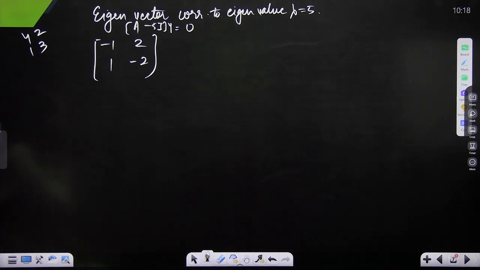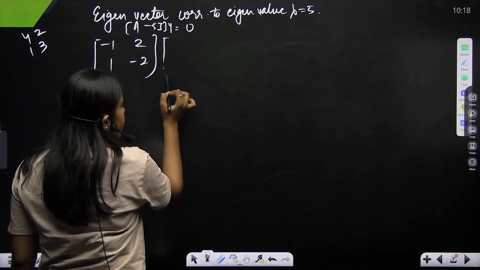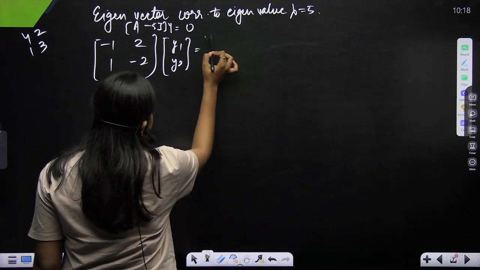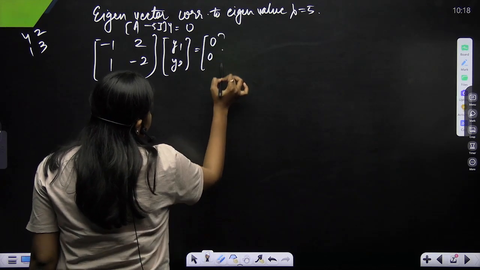Okay, so now I'll solve it. I'm writing it 1, you can write it as x as well, y1 y2, and the right side is 0, 0.